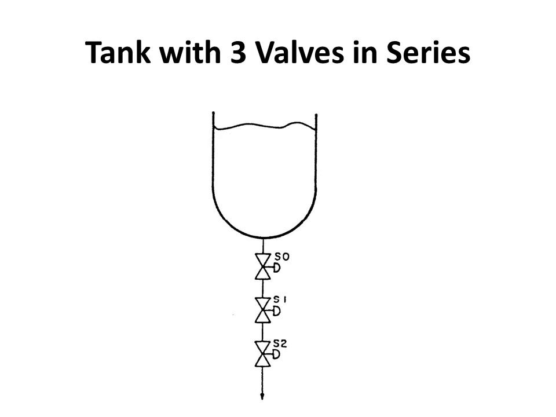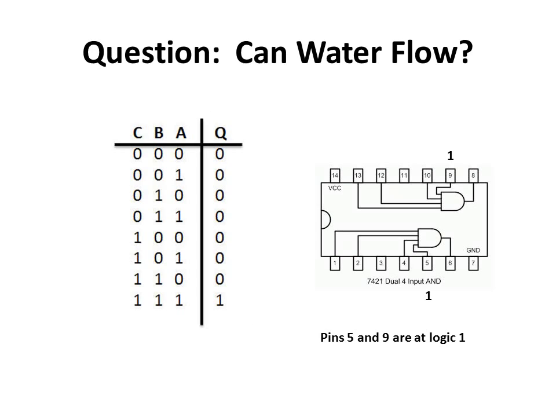Now, what if we have 3 valves in series? In this case, you understand that all 3 valves must be open if liquid is to flow from the tank. Well, let me give you another chip. This is the 7421 dual 4-input AND.